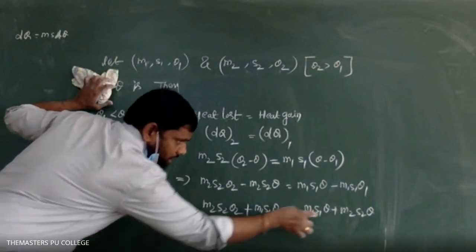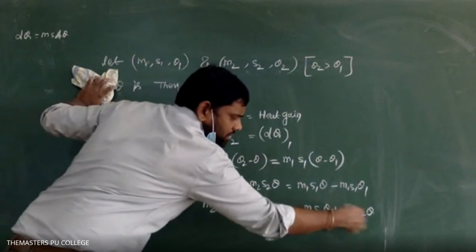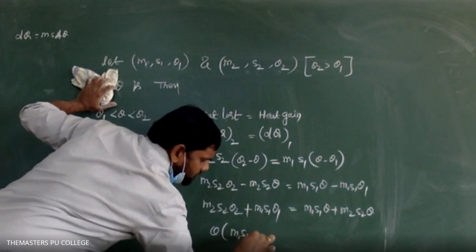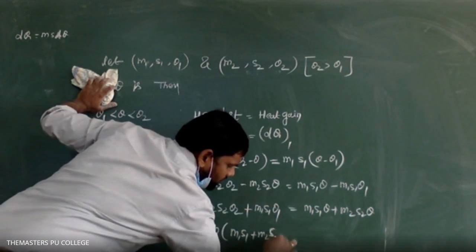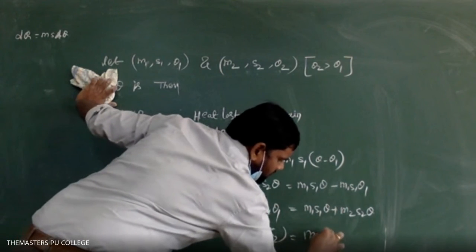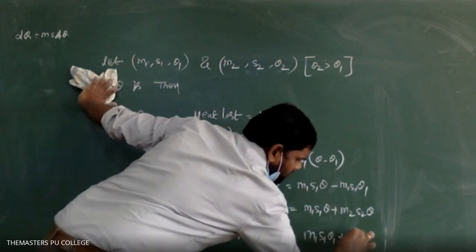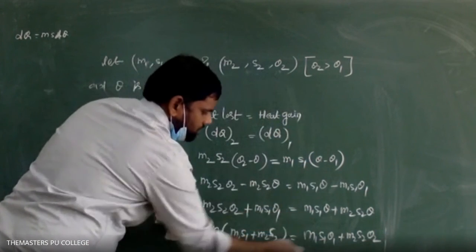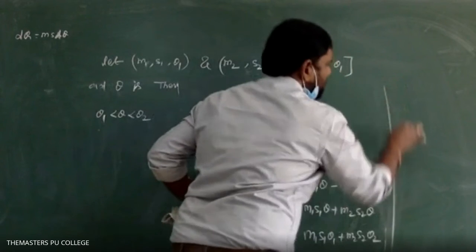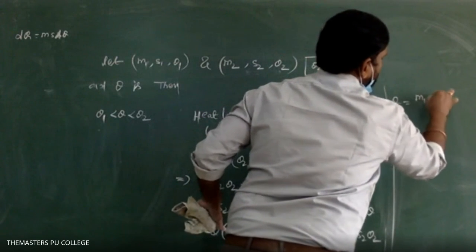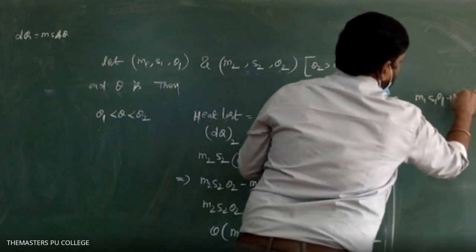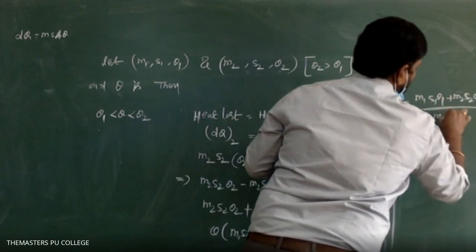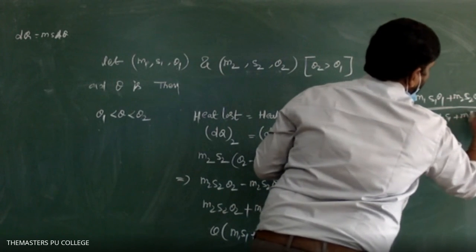Taking theta out, theta of m1 s1 plus m2 s2 is equal to m1 s1 theta 1 plus m2 s2 theta 2. Therefore, this term goes into the denominator, and the resultant temperature theta equals m1 s1 theta 1 plus m2 s2 theta 2 upon m1 s1 plus m2 s2.